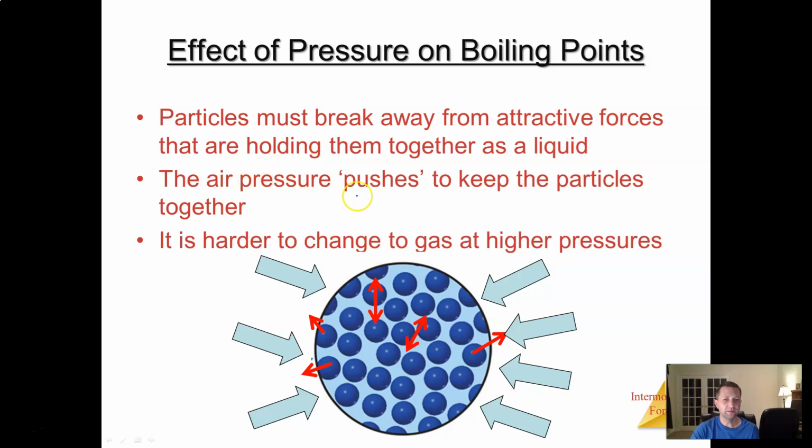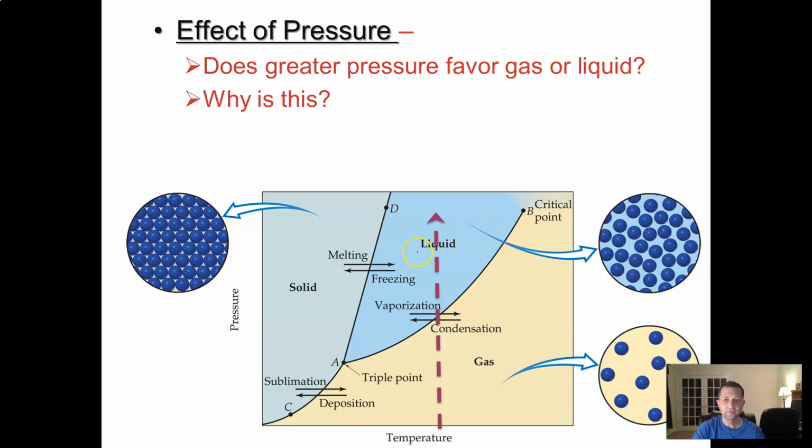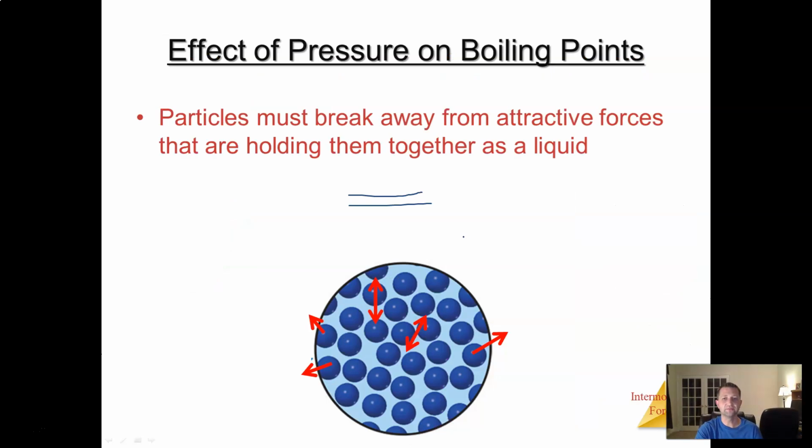So you want to think of air pressure as pushing on the particles to keep them together. It's harder to change to a gas at a higher pressure because of all these arrows pushing in on it. Okay? You can see that here. At a higher pressure, a liquid is favored because you're pushing in on those particles, keeping them closer together, not allowing them to escape into the gas state.